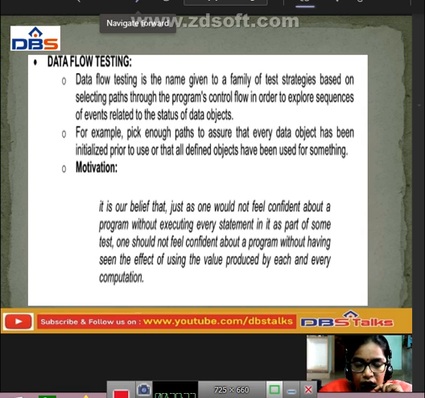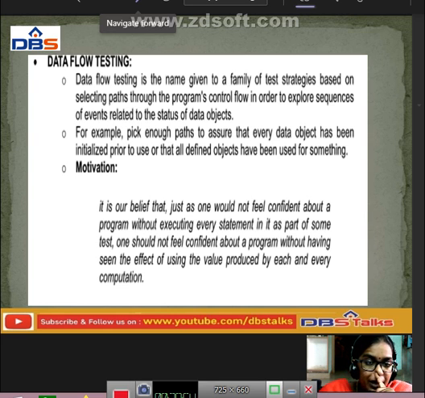Immediately after picking, you have to check whether the object has been initialized or not. For example, you can pick enough paths to ensure that every data object has been initialized.